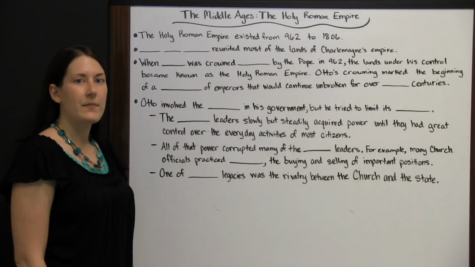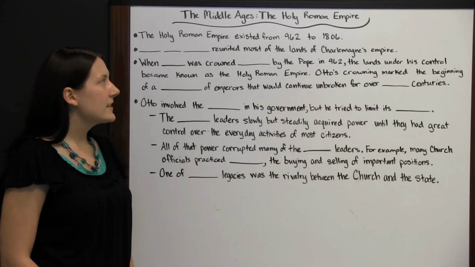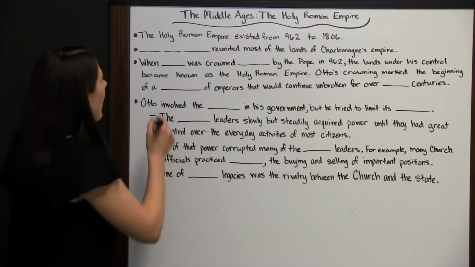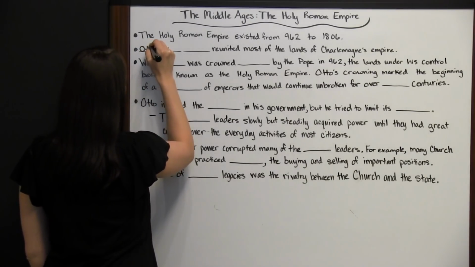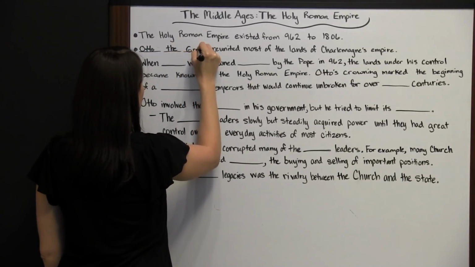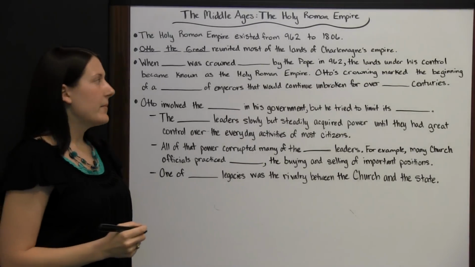The Middle Ages, the Holy Roman Empire. The Holy Roman Empire existed from 962 to 1806. Otto the Great reunited most of the lands of Charlemagne's empire.